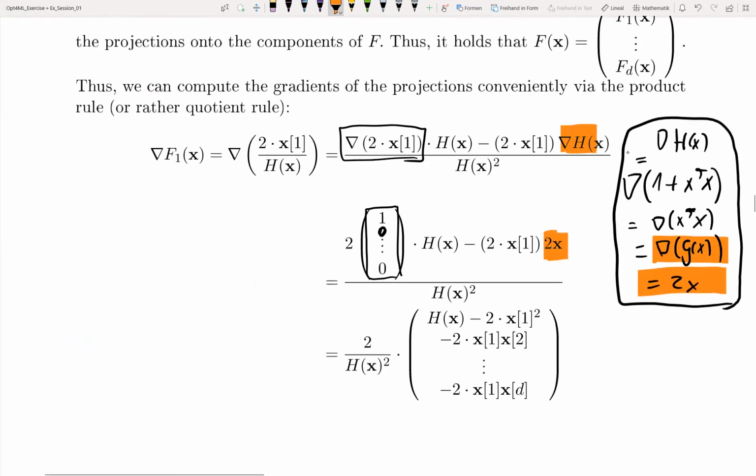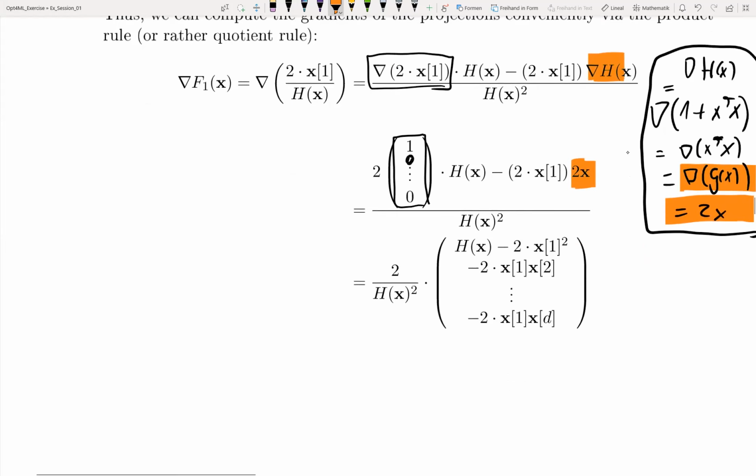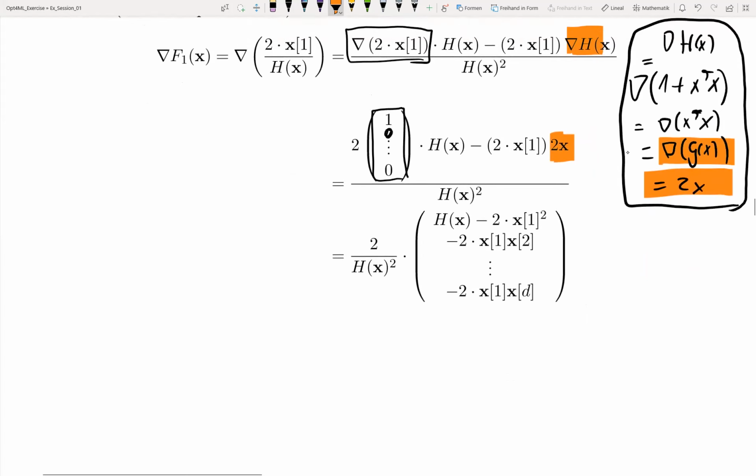All right. Then again, just to make sure that we stack everything together in a correct way. We have this h of x squared in the numerator. We have a 2 here, which we can also write in front of that thing.